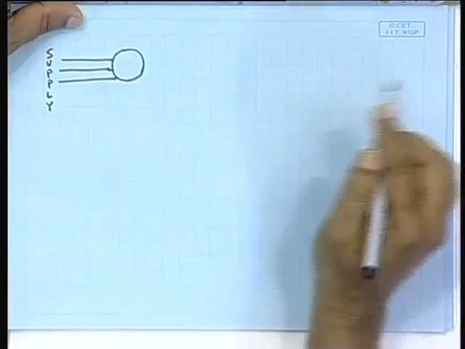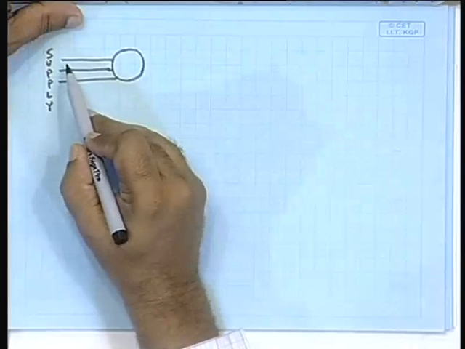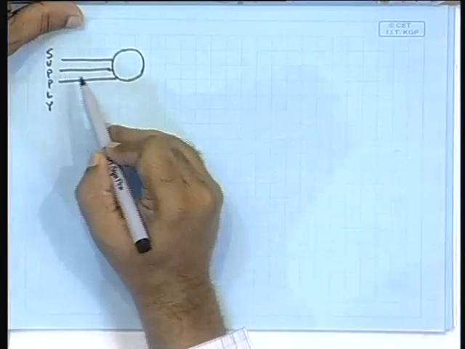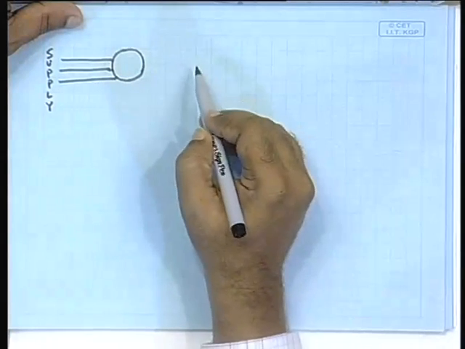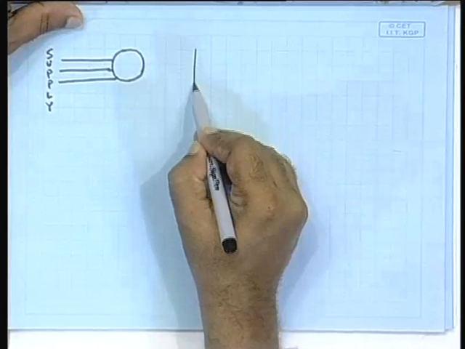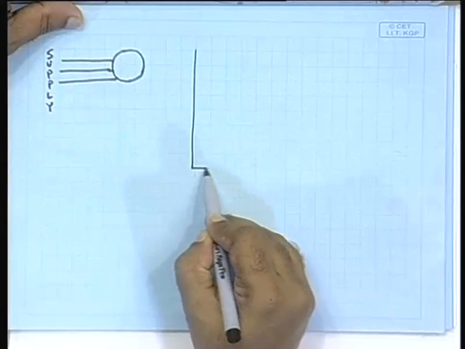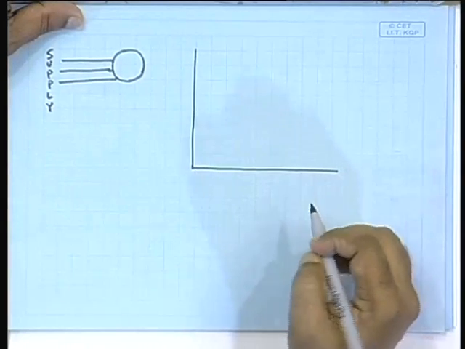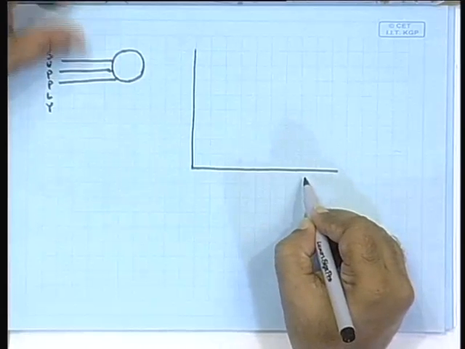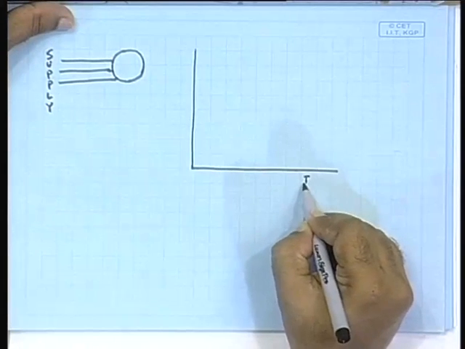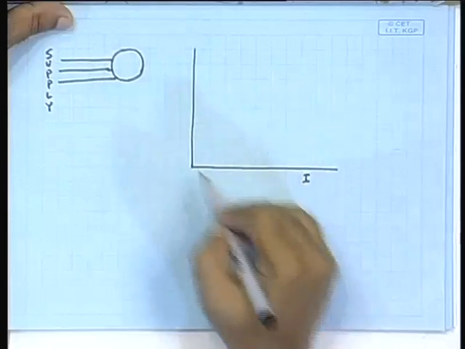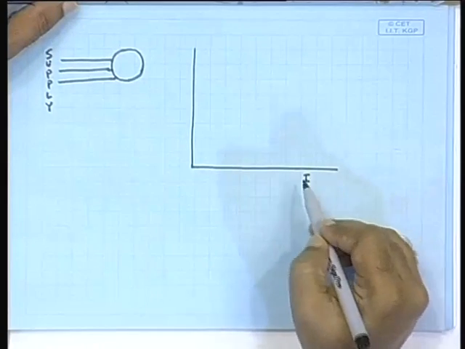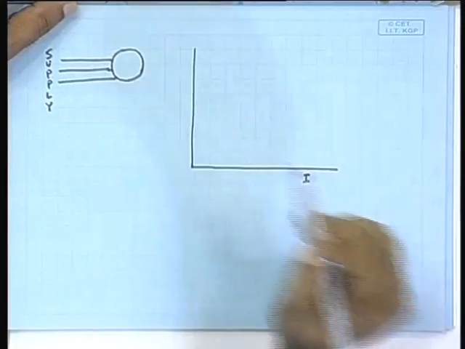In that case, if you place voltmeters here, ammeters here, and wattmeters here, you will be able to obtain the magnetization characteristics of it in the form of the motor current. This is a common mistake, that we will have to draw the current here versus voltage there. Why?